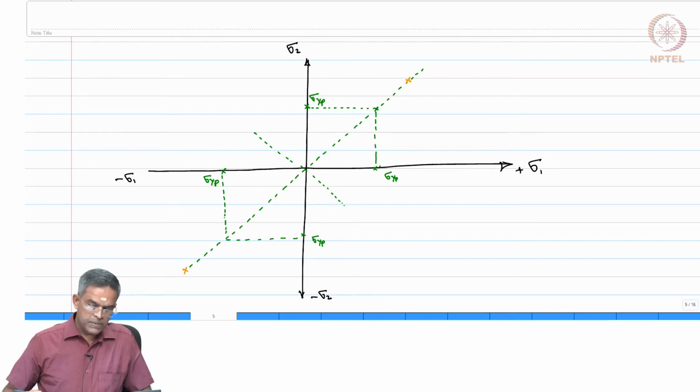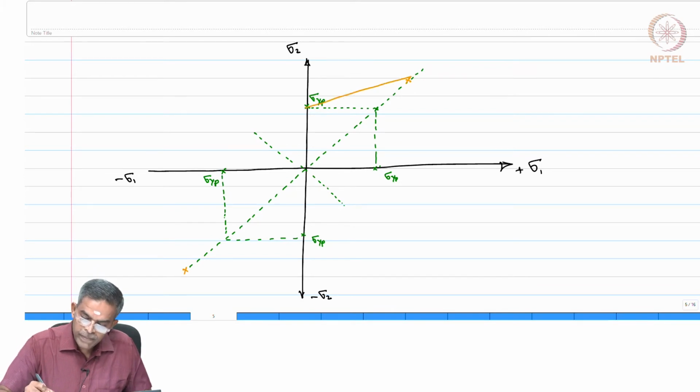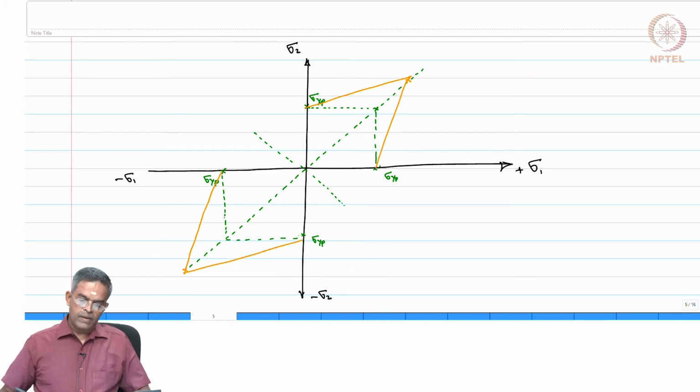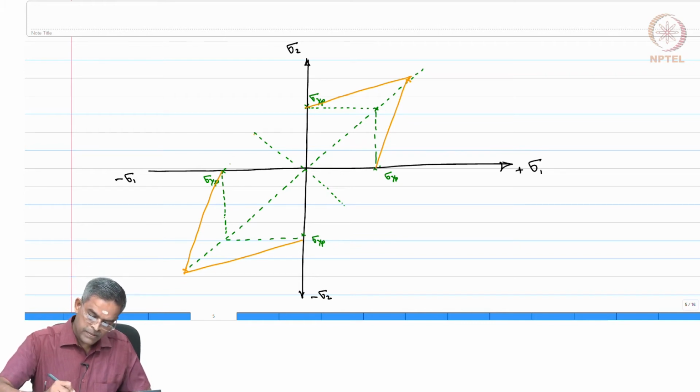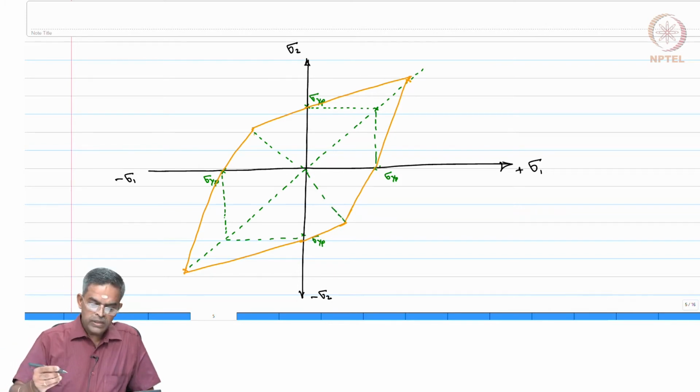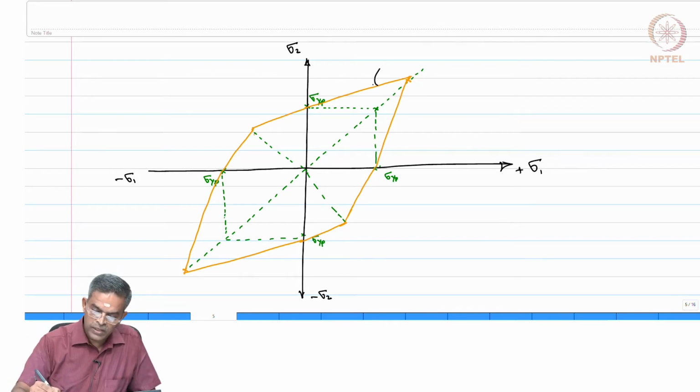So, the envelope says it should cross sigma yp, and on the dissimilar states, let us try to write down these equations for this particular state line.